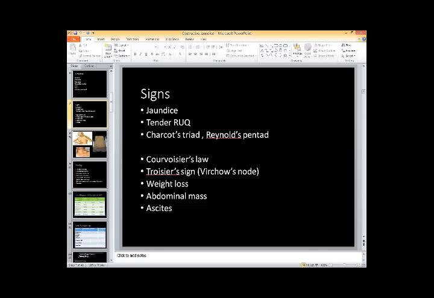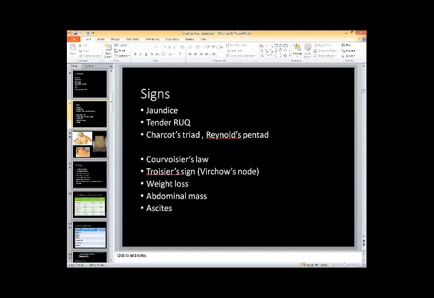Pain, fever, jaundice is Charcot triad, plus you add confusion and hypotension. That is called Reynolds pentad, 5 signs. So this is again ascending cholangitis leading to septicemia, gram negative septicemia. This is a severe form of ascending cholangitis. So these are the signs. You need to know the Charcot triad and Reynolds pentad.